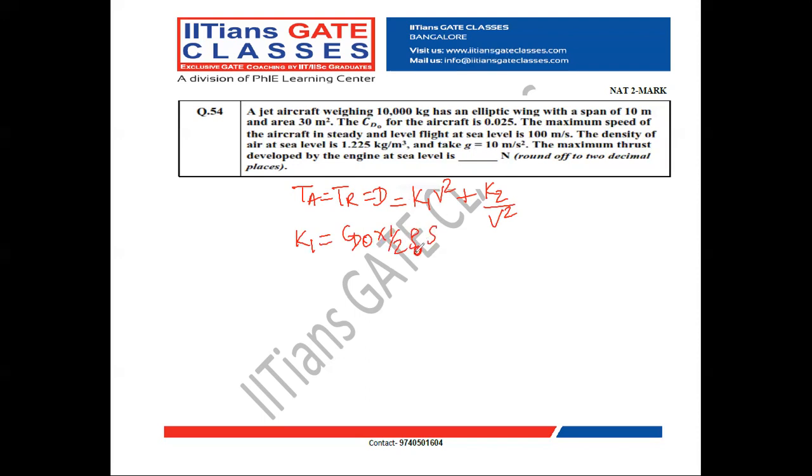Here density at sea level, so it is rho naught s. That is equal to 0.025 into half into 1.225 into 30. So we get k1 as 0.459375.